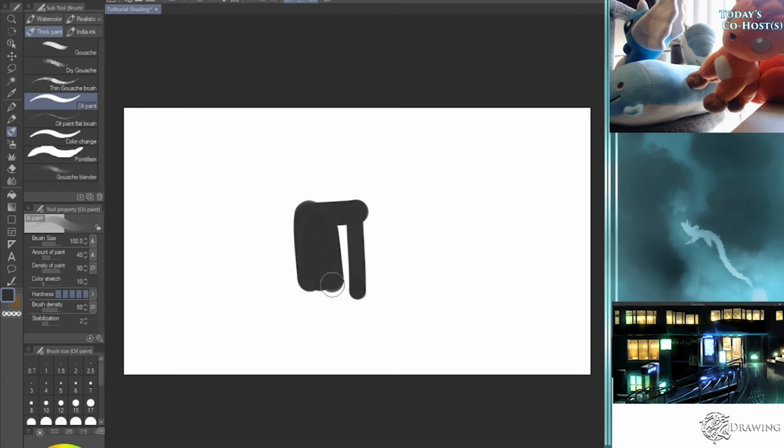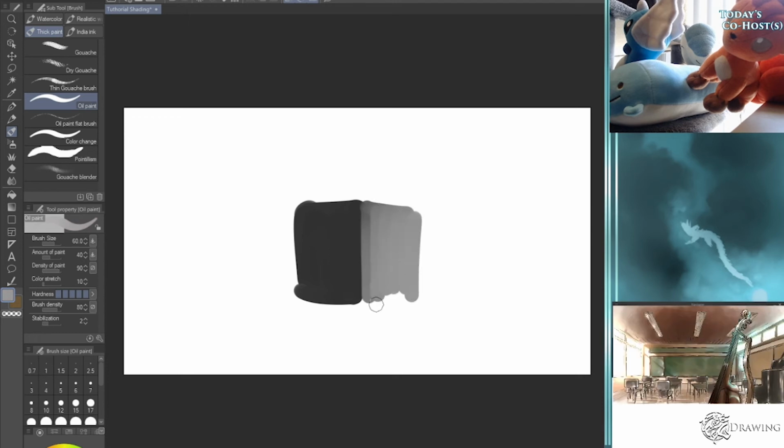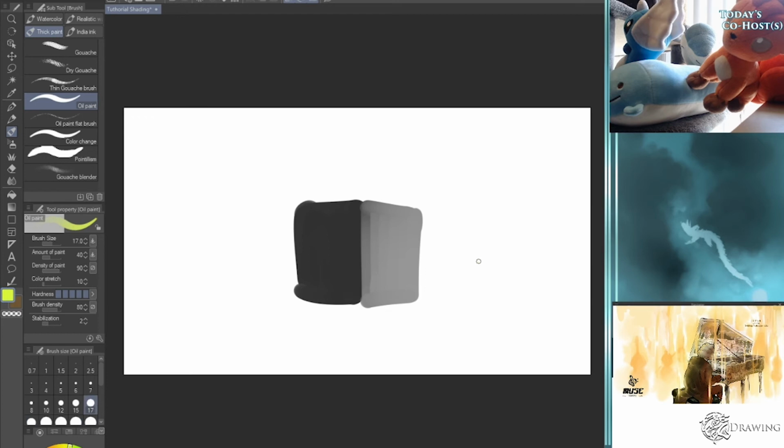Cube. Okay, we have a cube. Just a nice simple cube. Living a simple cube life. And this cube is looking at this, I don't know, it's a crystal.